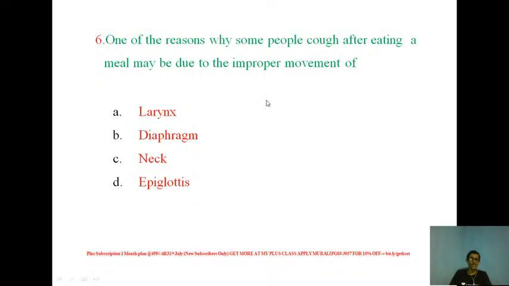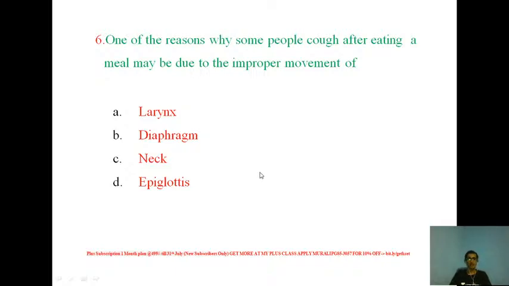If you take the concept of our food passage and air passage, in the larynx portion there is a modified cartilage in a spoon shape. It is called the epiglottis. It blocks the passage of the food pipe or esophagus when we are taking air, and it blocks the trachea or windpipe when we are taking food or liquid items.